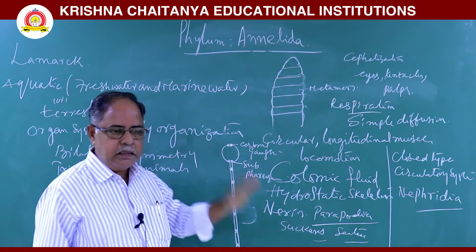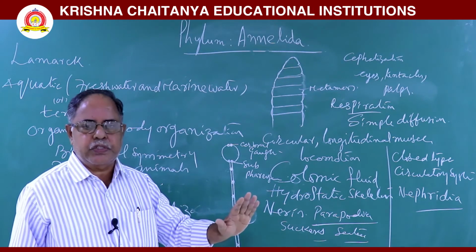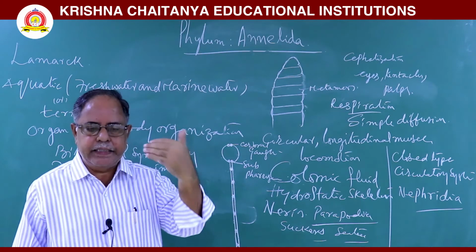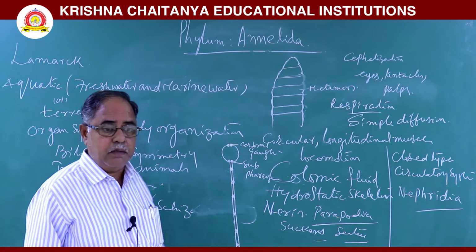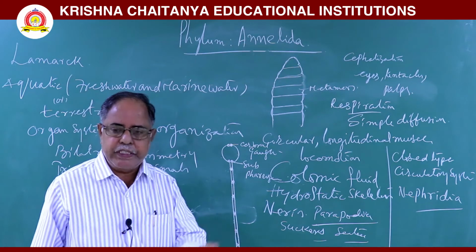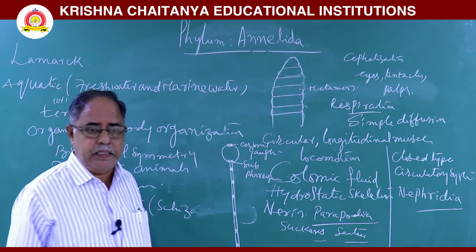In dioecious animals, that means unisexual animals, the development is indirect. In monoecious, that is bisexual animals, development is direct.